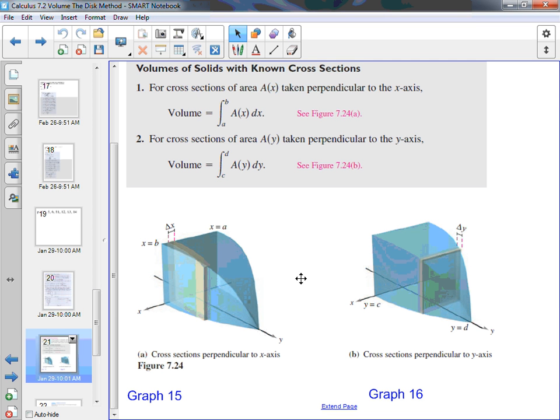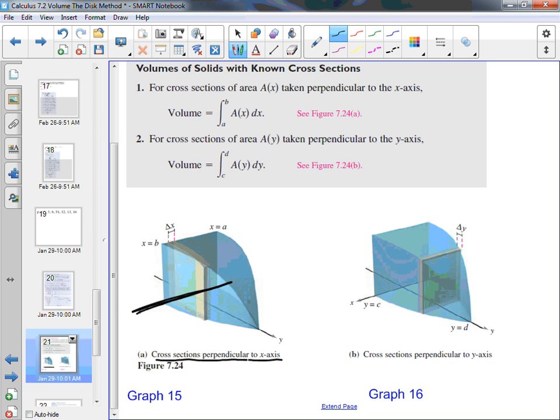If you look inside of them, on the one on the left, these cross sections are perpendicular to the x-axis. Now look, they've turned this. Here's the x-axis, okay? And on the other ones, the cross sections are perpendicular to the y-axis, that being the y-axis.